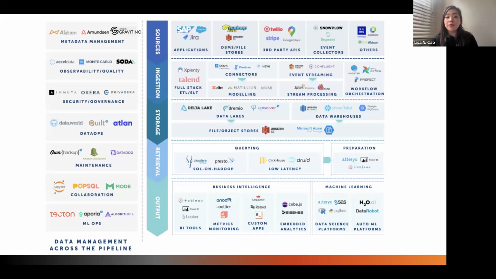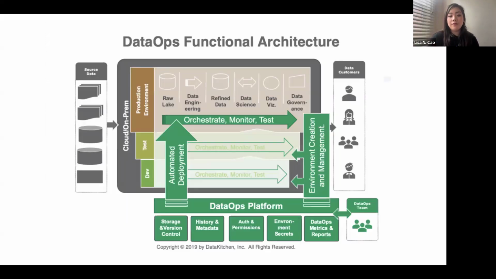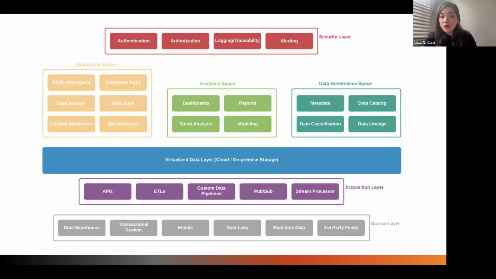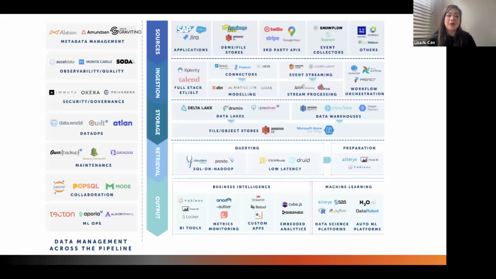If we look at the different tools here, this is from the Data Lake 3.0 landscape. Don't feel like you have to know everything, but each one of these is going to have tools associated with it, both on the open source side and on the vendor-driven or proprietary side. This goes back to the idea that there are a lot of different tools out there, and this is part of the complexity that DataOps has to manage.